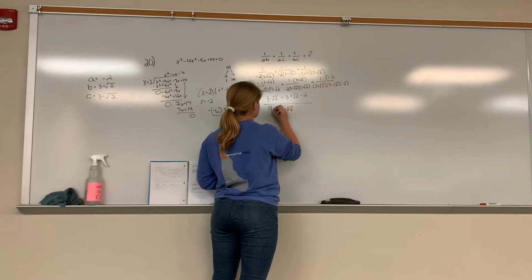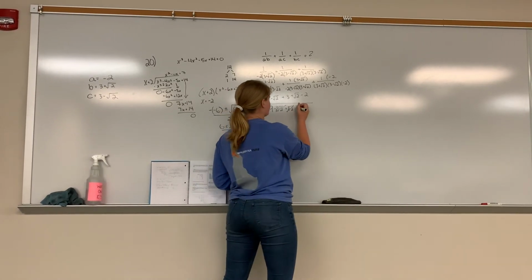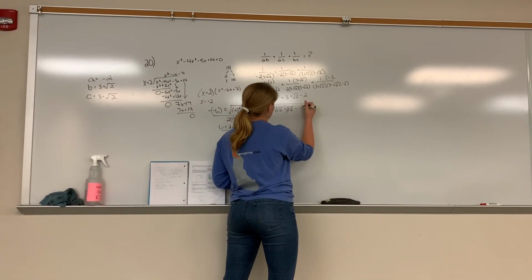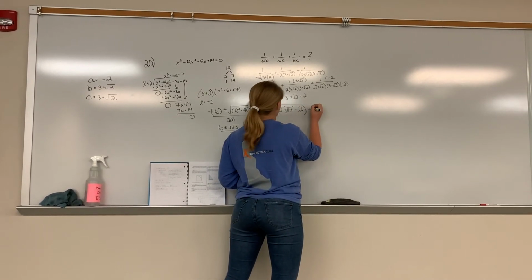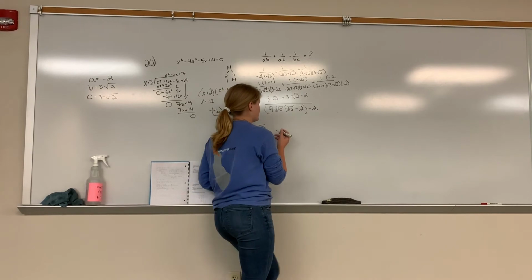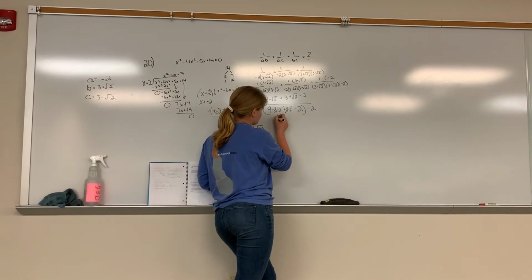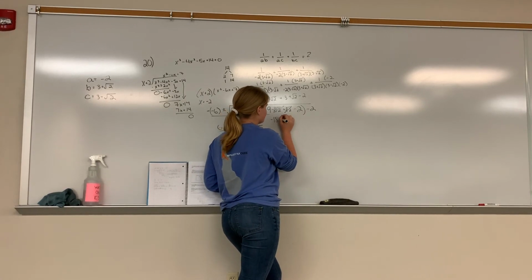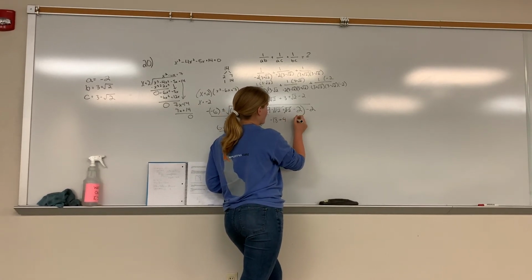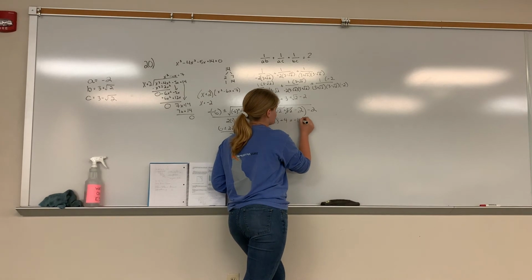Those cancel out, and then you have the square root of 2 squared, so that's going to be minus 2. And then all of this is times negative 2. So you get negative 9 times 2 is negative 18, and then negative 2 times negative 2 is positive 4. So the whole bottom is going to equal negative 14.